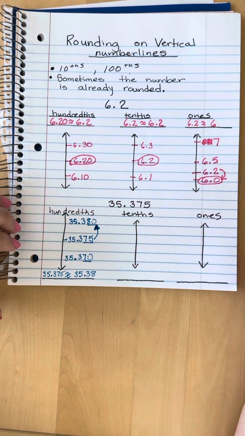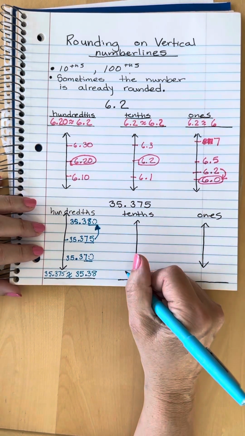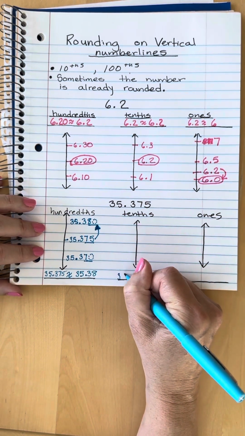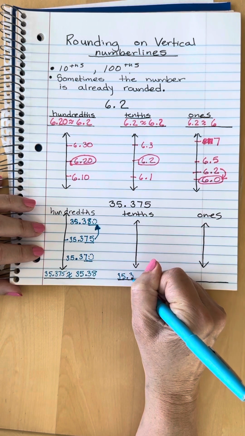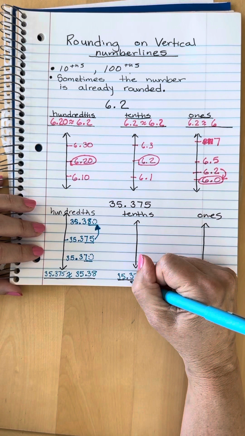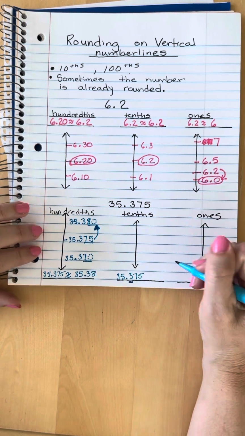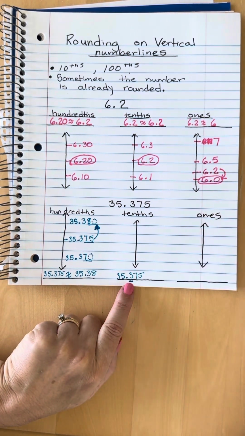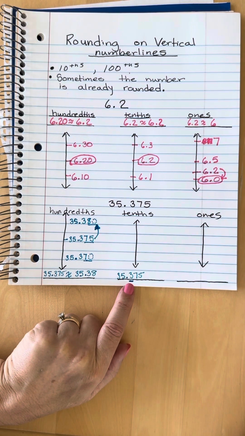Now let's take the same number and we're going to round it to the nearest 10th. So if I write this number down here, 35 and 375 thousandths. Let's underline the 10th place because I'm actually rounding to the 10th place. So this might kind of help your focus.